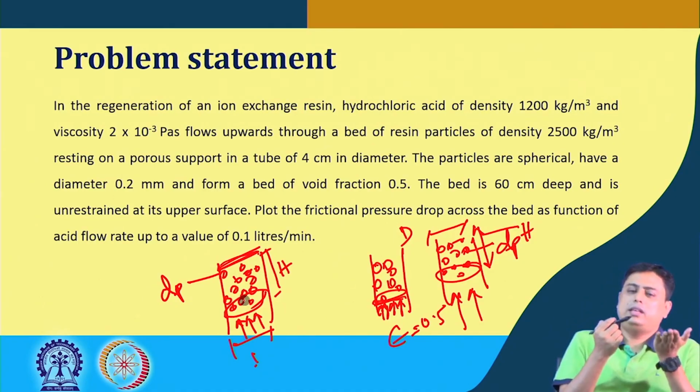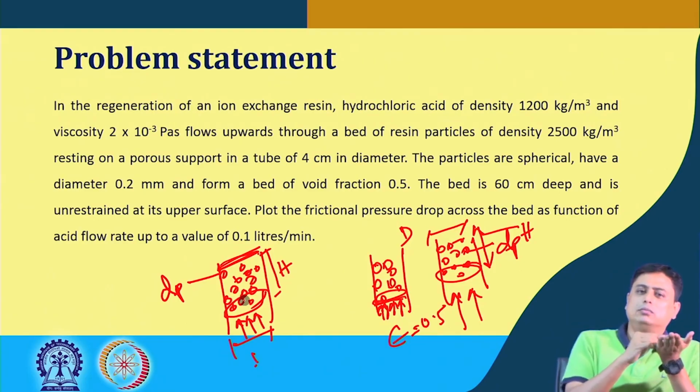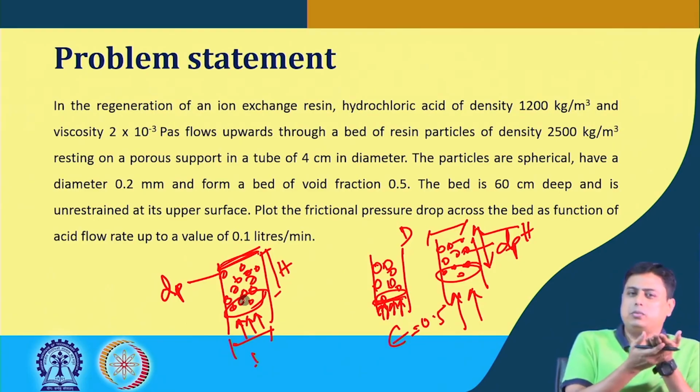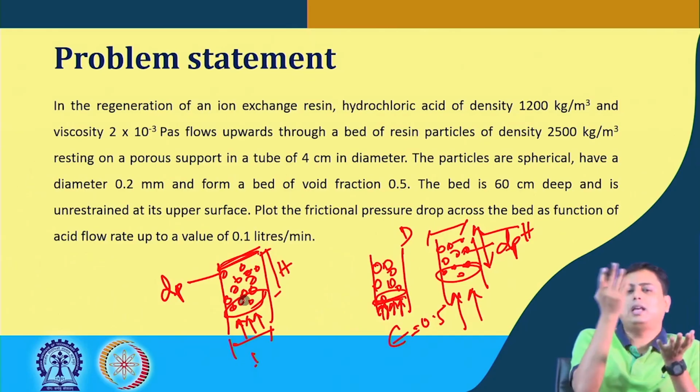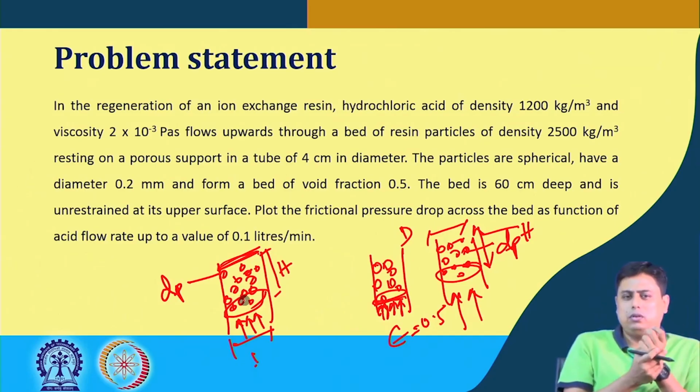Although in this problem there is a porous support at the bottom, so the particles cannot go down, they are stacked on that porous support. But if the velocity is sufficiently high, the particles can be taken away from this tube by the fluid media, or the liquid media here.